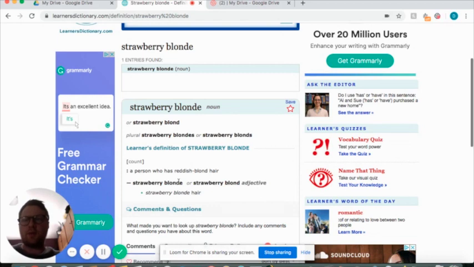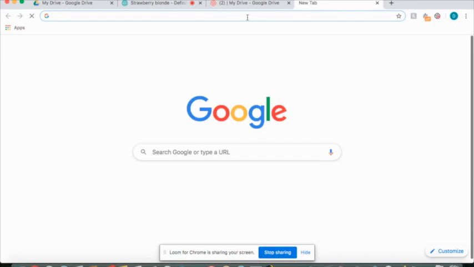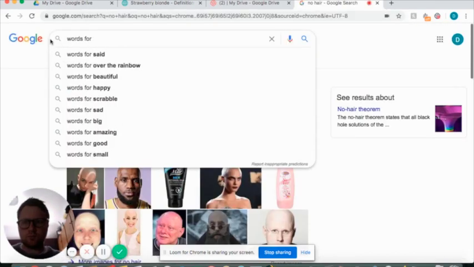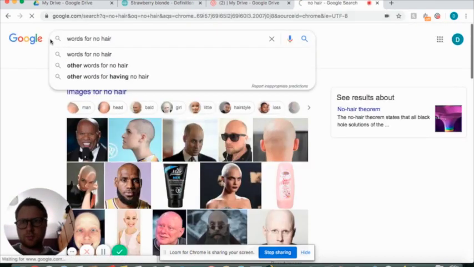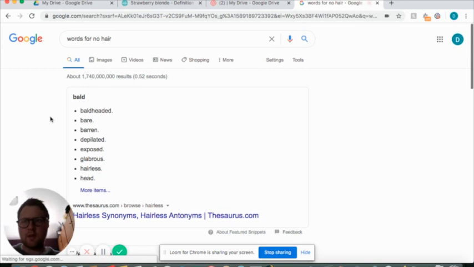So let's move on to our next definition, which is no hair. So rather than the definition, we're going to be looking up words which can mean no hair, and then look them up on here. So the main word for no hair we have is bald.